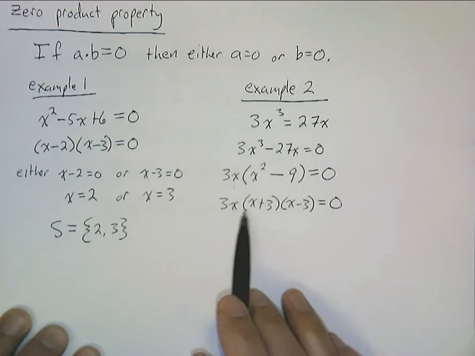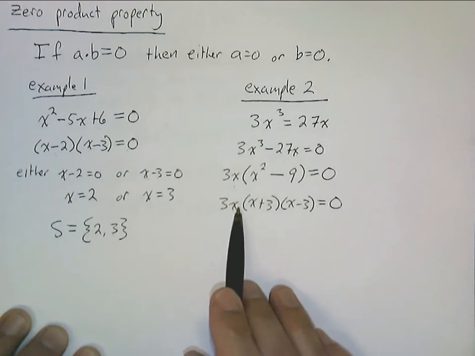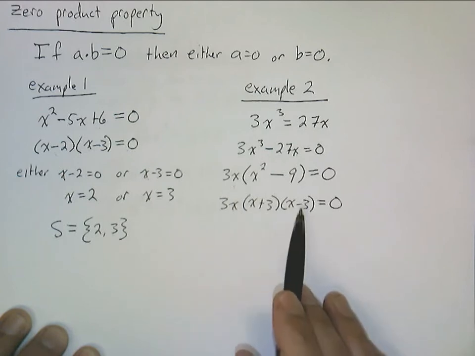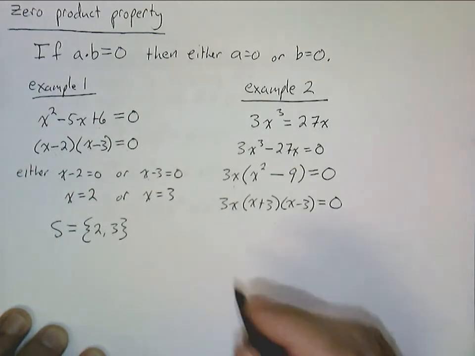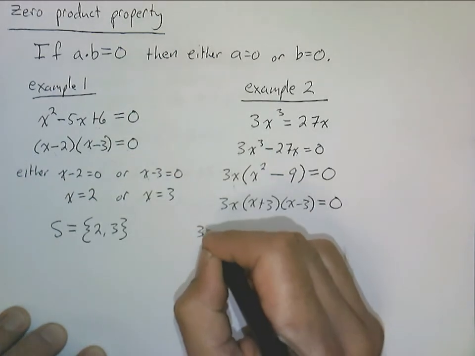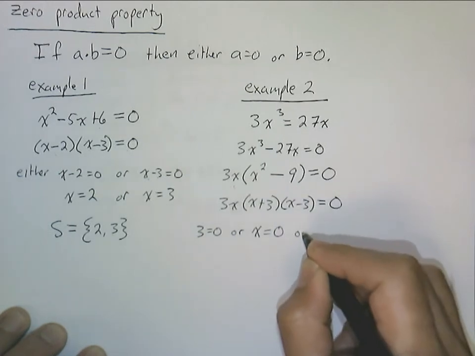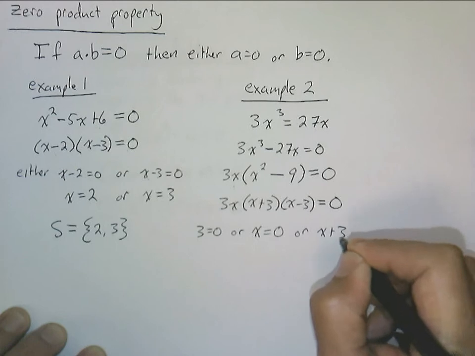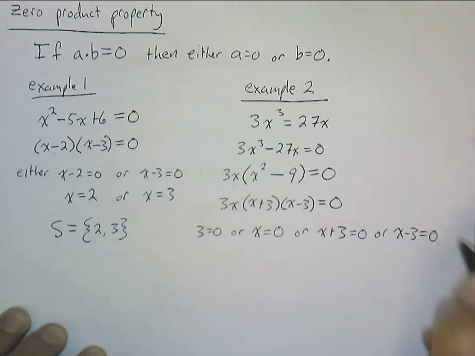So now what we have is a product of four things, 3 times x times x plus 3 times x minus 3. And the product of those four things has to equal 0. So either 3 equals 0, or x equals 0, or x plus 3 equals 0, or x minus 3 equals 0.